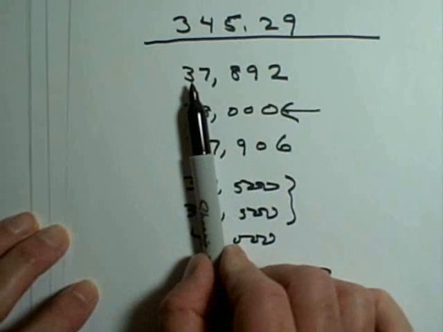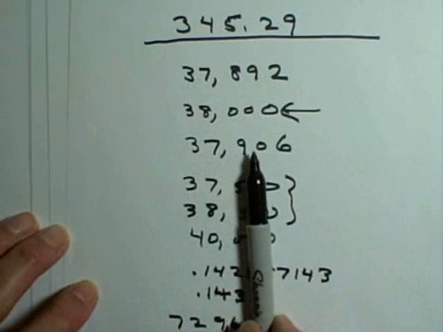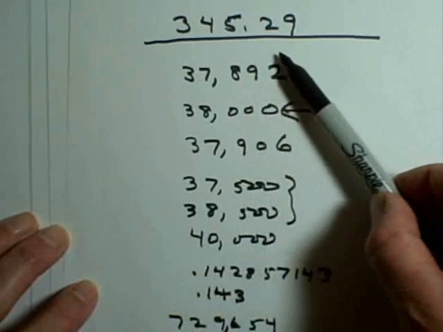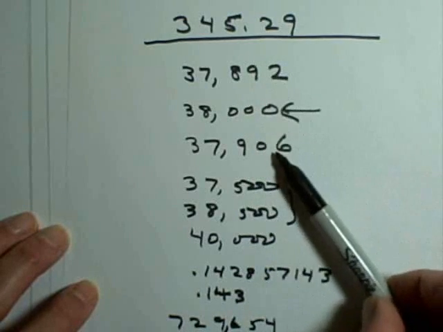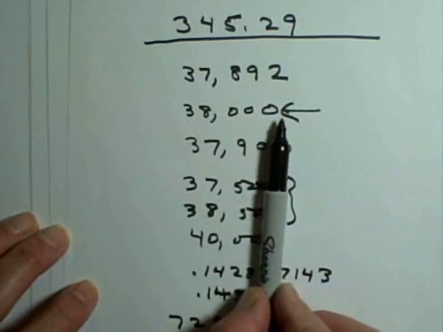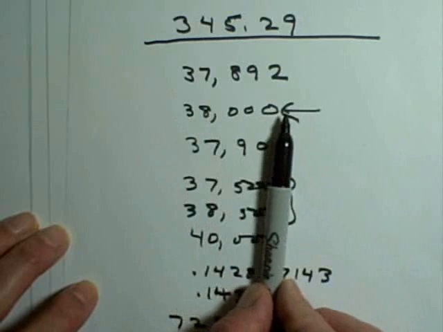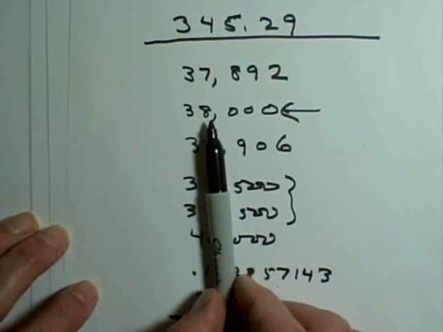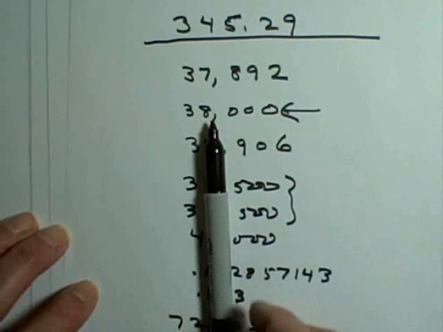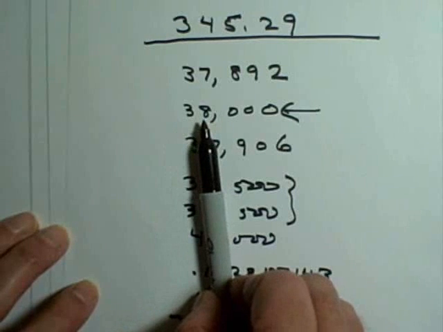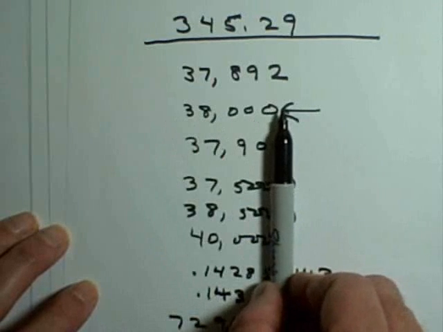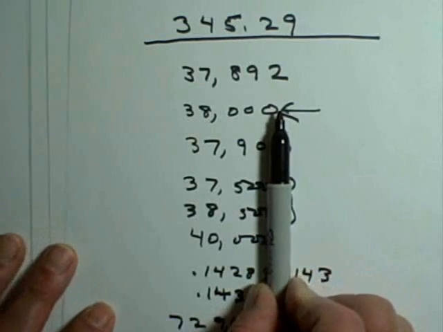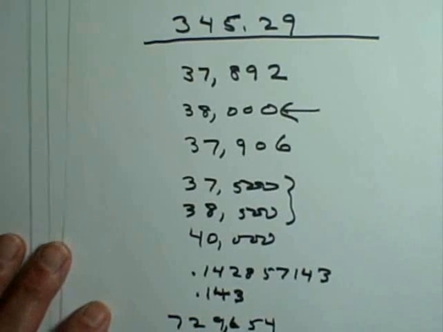After all, the difference between 37,892 and 37,906 is only 8 plus 6, only 14. So what you might do is decide that you only really know this to the nearest thousand, and 38,000 might be a better way to express this number, where the 3 and the 8 are significant, but the other digits really aren't. They're just placeholders. It depends on how much accuracy you really think you can measure things by.